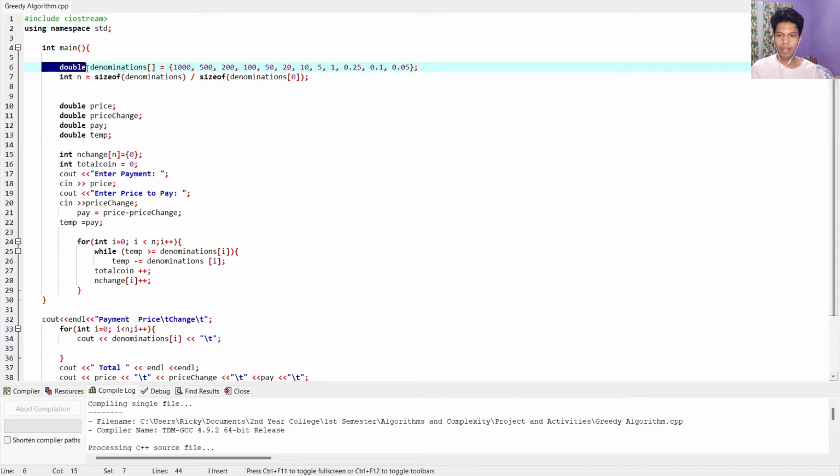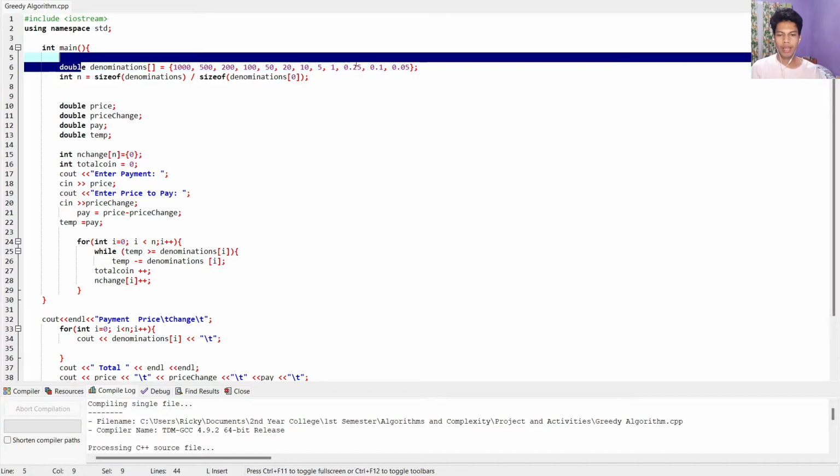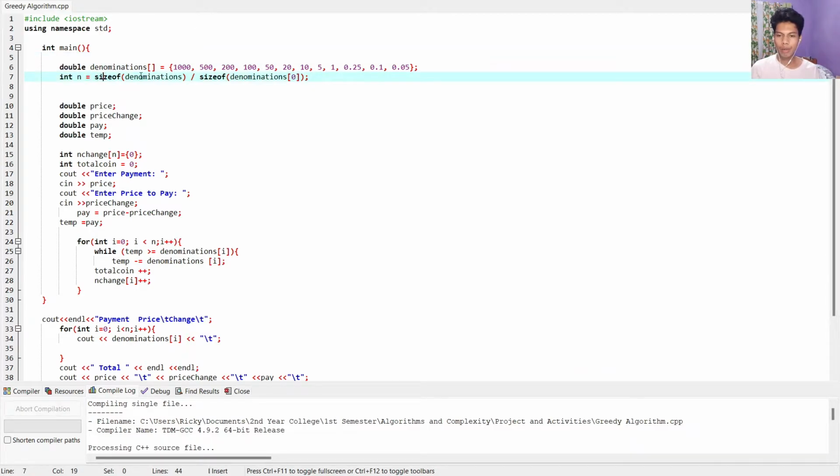And here, we declare and assign the denominations, which is an array for the different denominations of Philippine money. It is double because in these denominations, there are numbers containing decimal points, and the size of denominations is also assigned to the variable n.